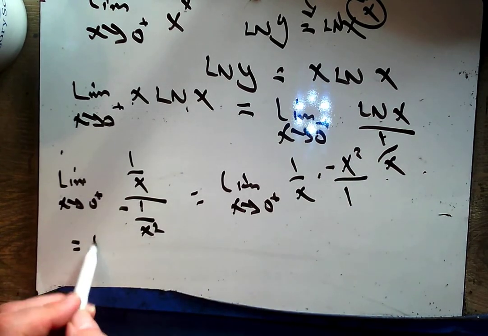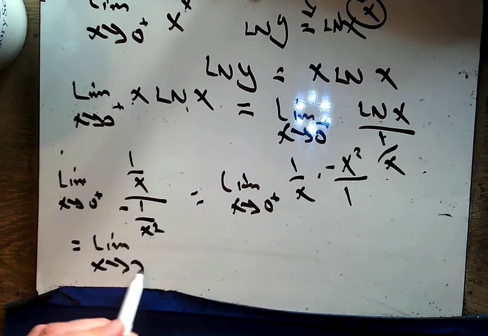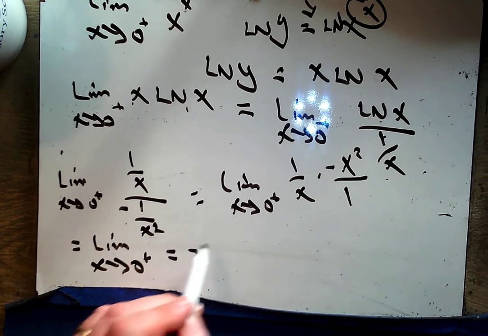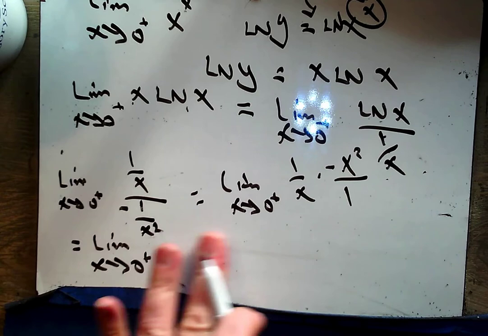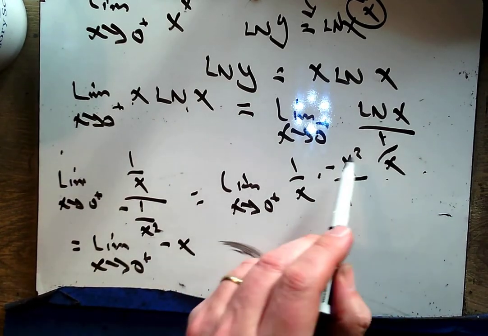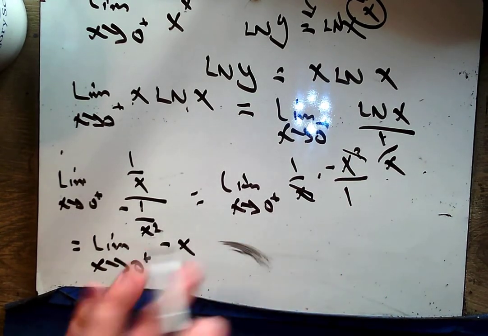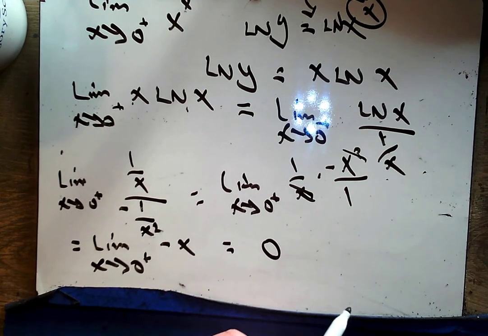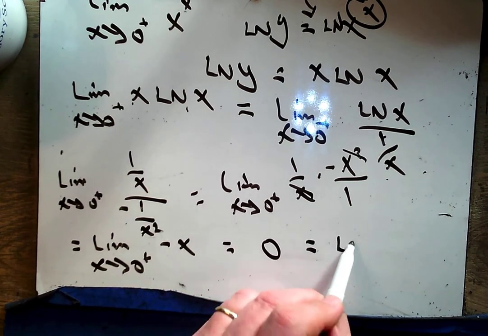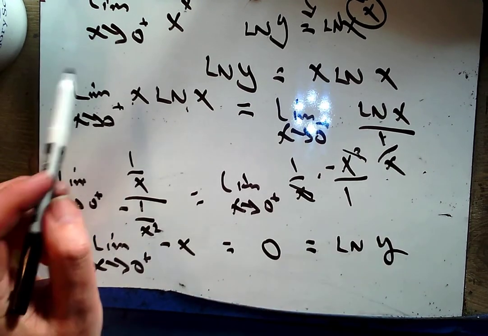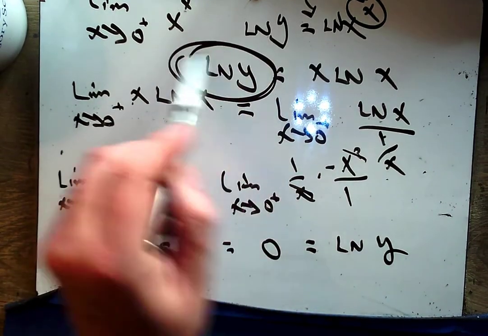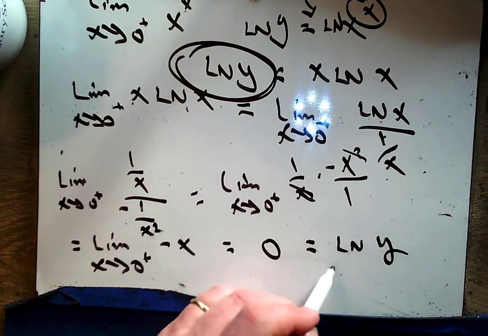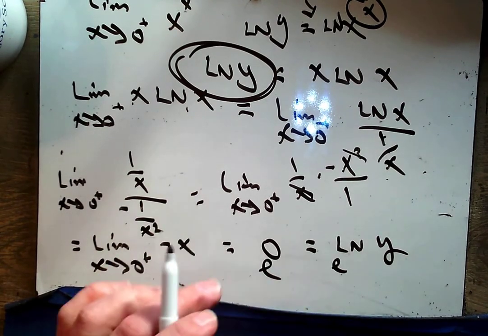And so now I'm going to have the limit as x heads to 0 from the positive of negative x. Oops. Negative x, right? Because that cancels that. Okay, and now I plug in my 0, and I get 0. But wait. This is what ln of y was equal to. Remember? ln of y is this. So I need to exponentiate both sides.